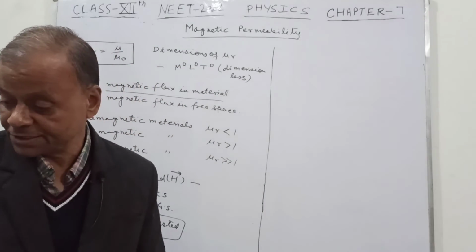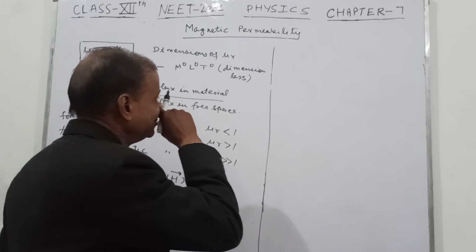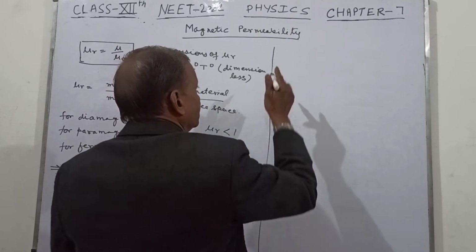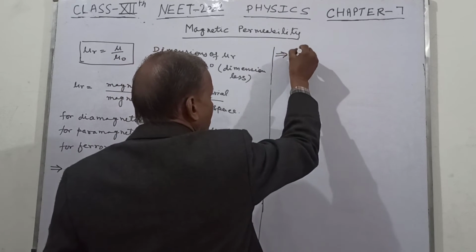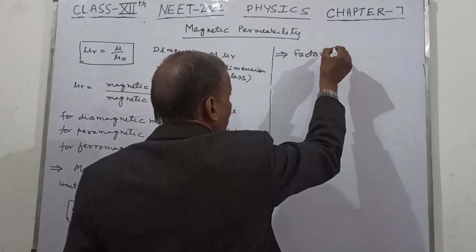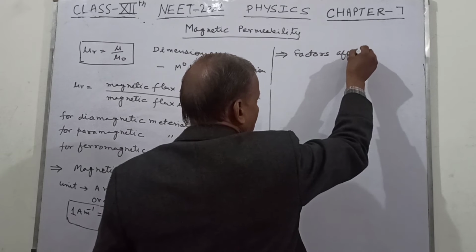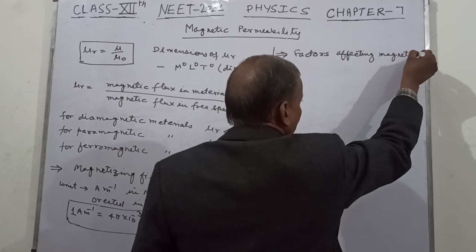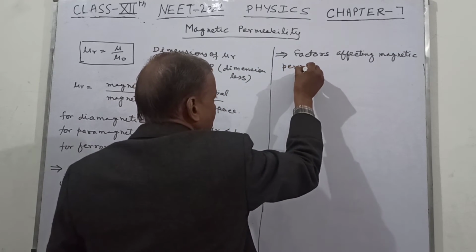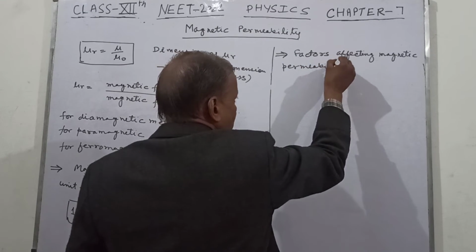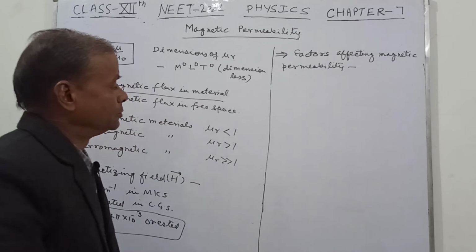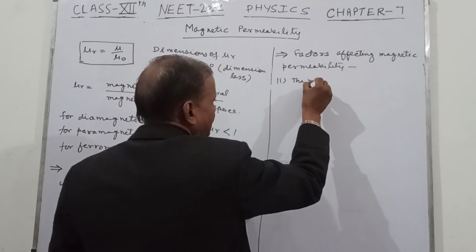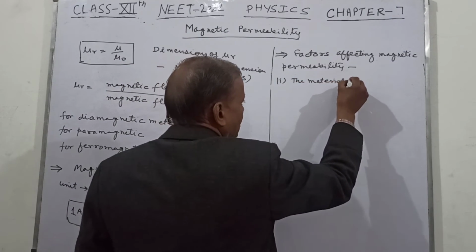Now we'll see what factors affect the magnetic permeability. First is the material of the conductor.